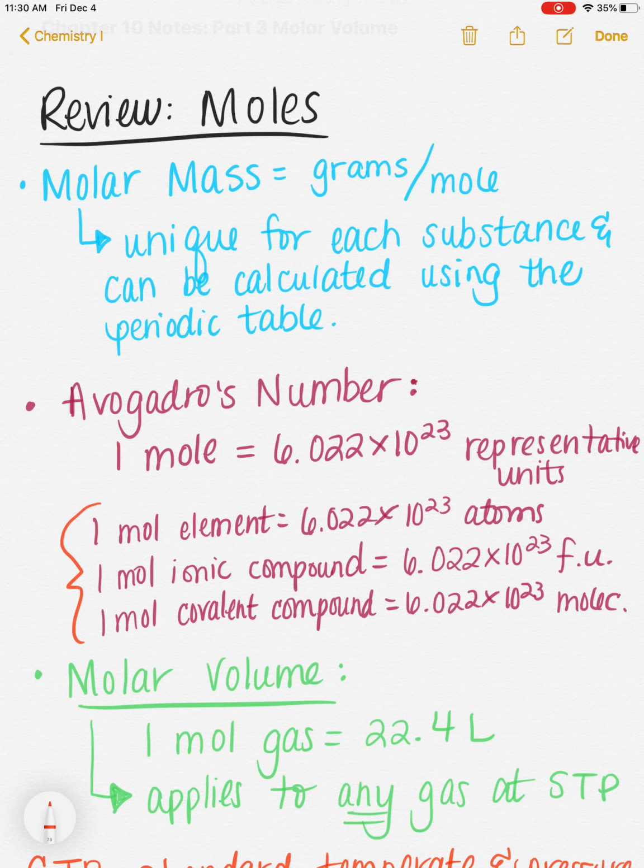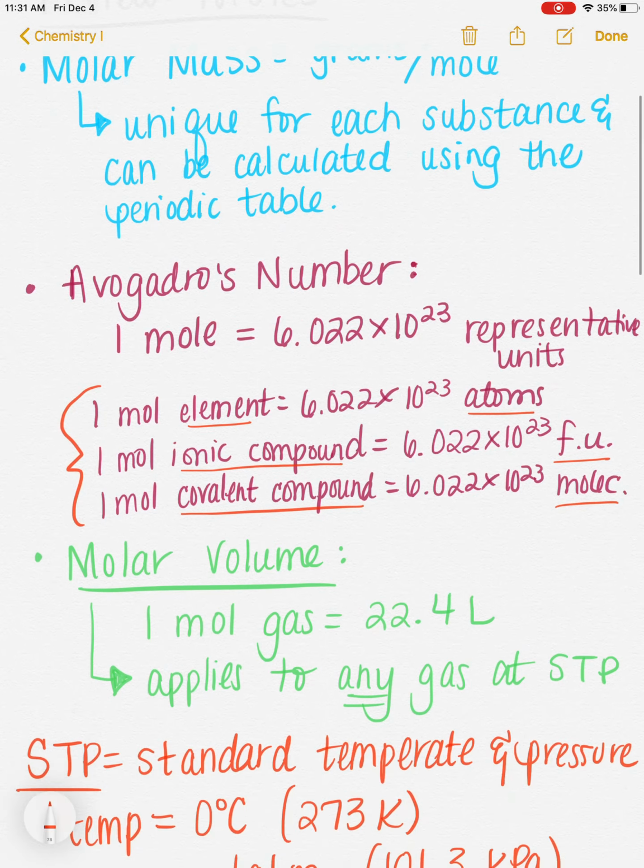The representative unit varies depending on what substance you are talking about. If you have 1 mole of an element, you would say that you have Avogadro's number of atoms in that mole. If you have 1 mole of an ionic compound, you would have Avogadro's number of formula units. If you have 1 mole of a covalent compound, you would have Avogadro's number of molecules.